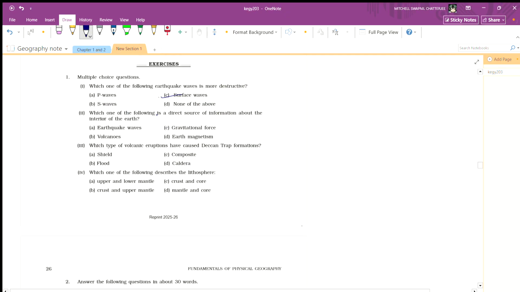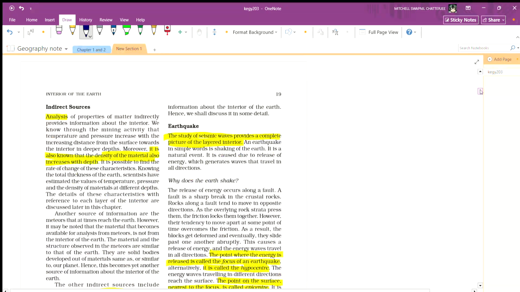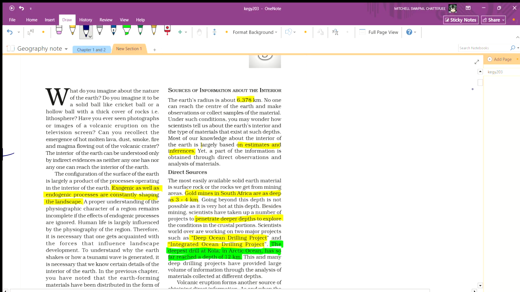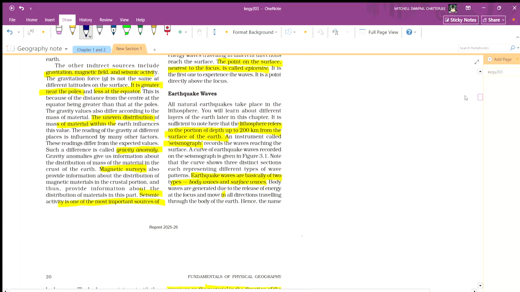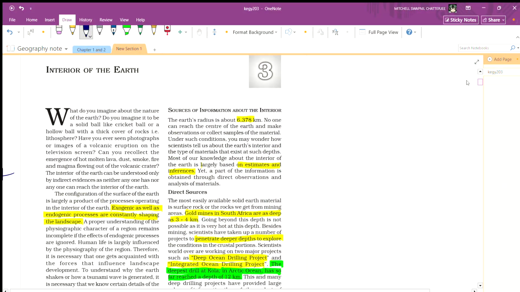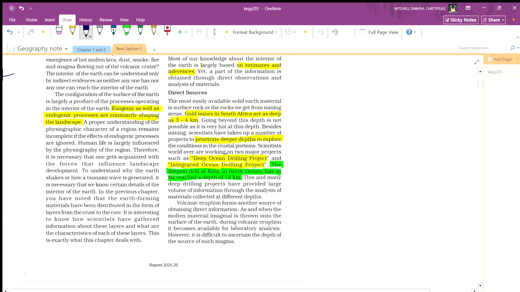Which of the following is a direct source of information about the Earth's interior? Direct source of information. Volcanoes are a direct source. Gravitational methods are indirect. Gold mines, volcanic eruption. Volcanic eruption is another source of evidence.